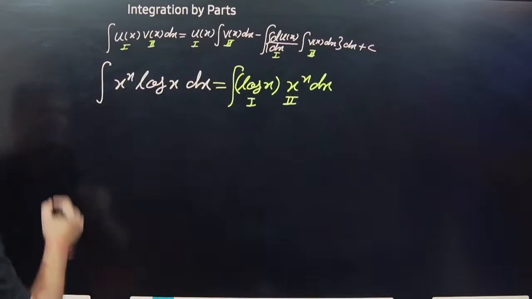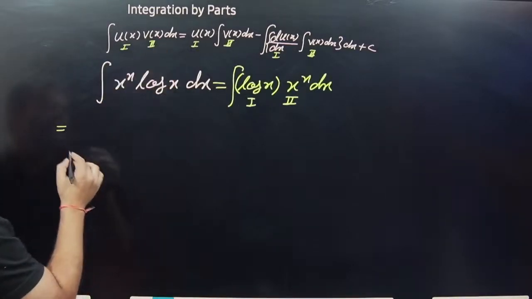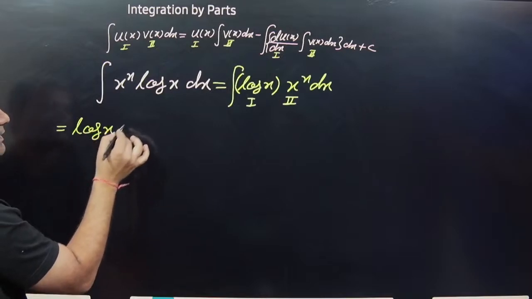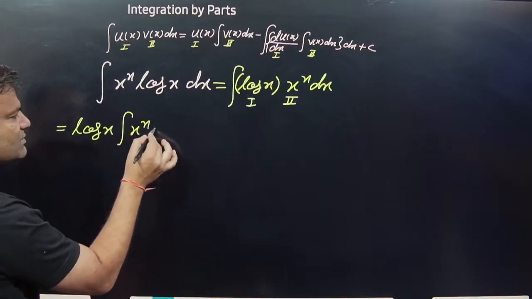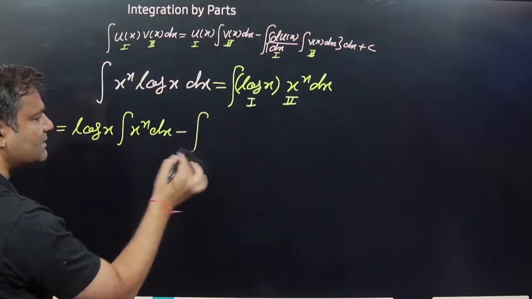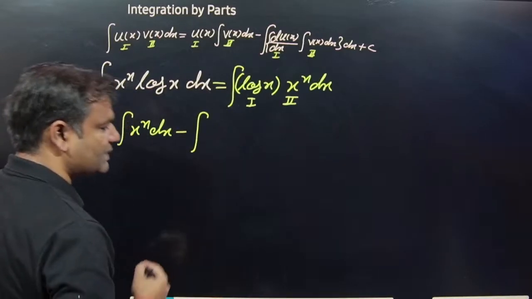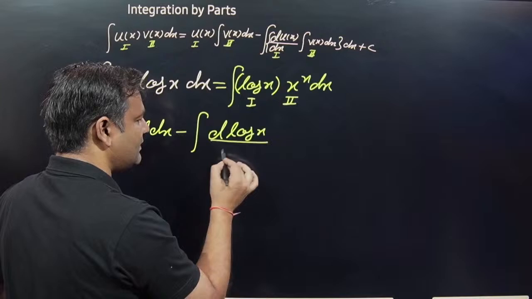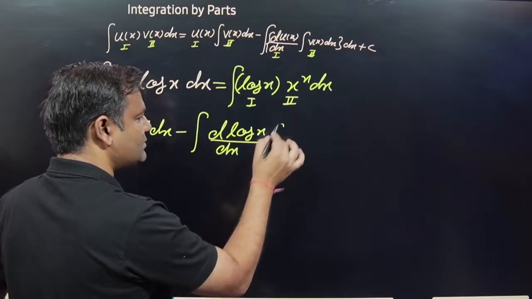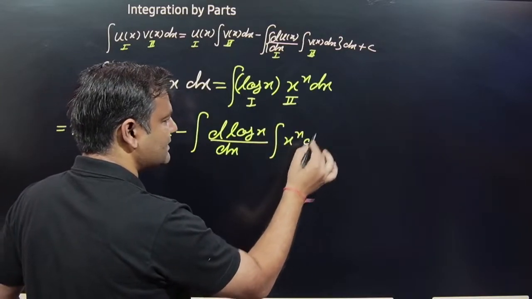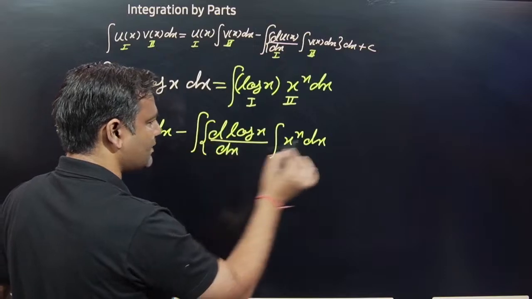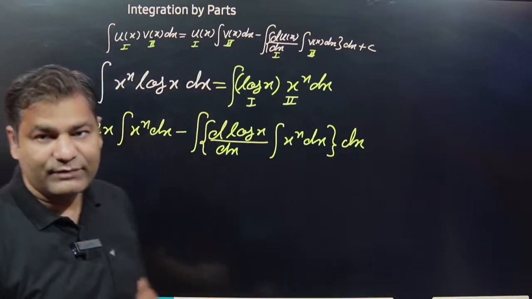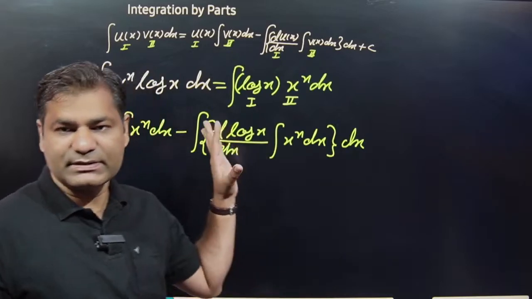So if you apply this formula here, first means log x into integration of second, x to power n dx, minus the integral of the differentiation of the first function, log x, divided by dx, into the integration of x to power n dx. Clear? If anyone faces any doubt at any step, then comment it.